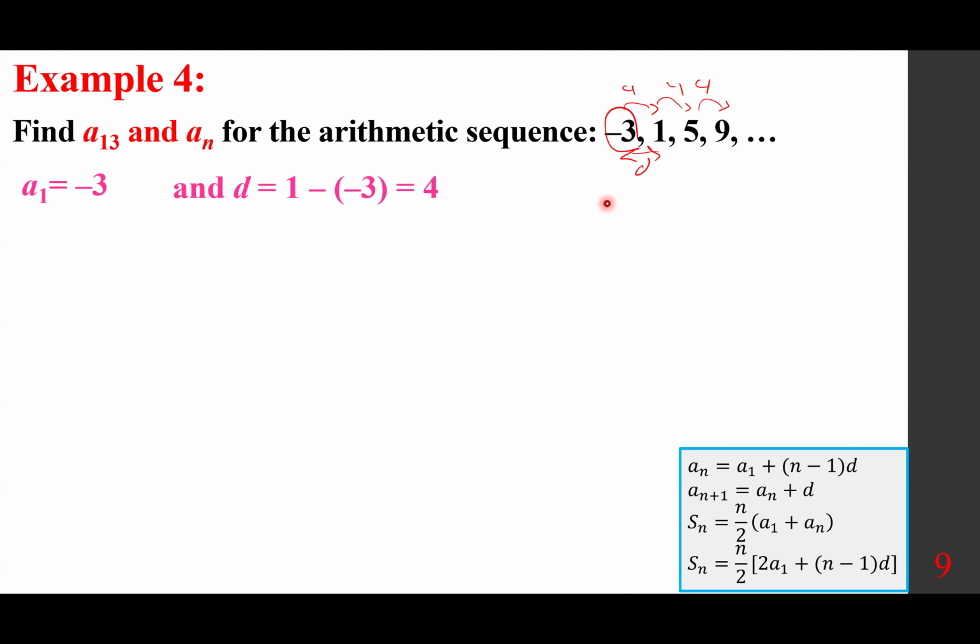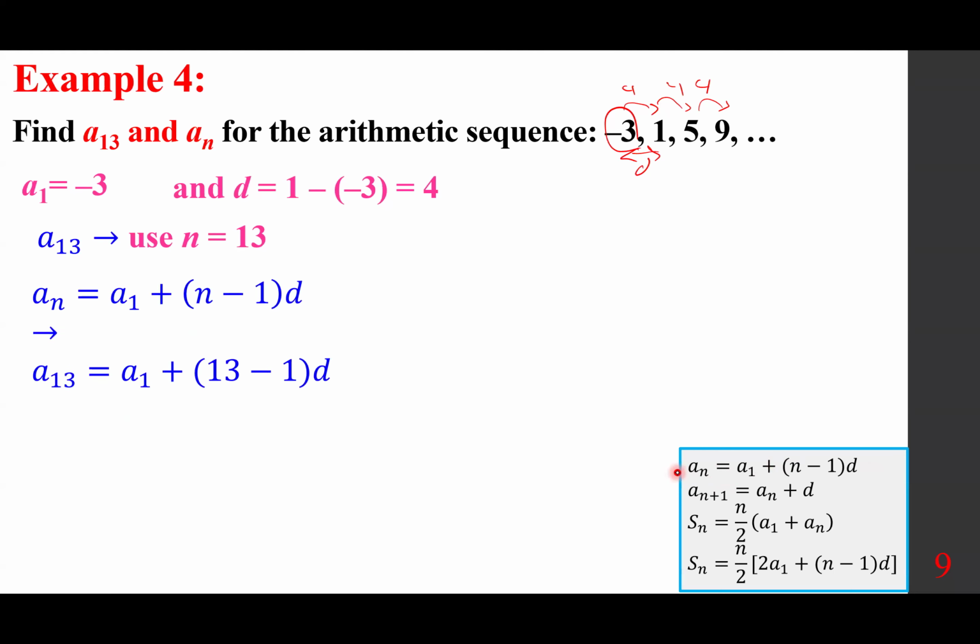So we want a sub 13. We're going to use n equals 13 in this formula. A sub 1 is -3.